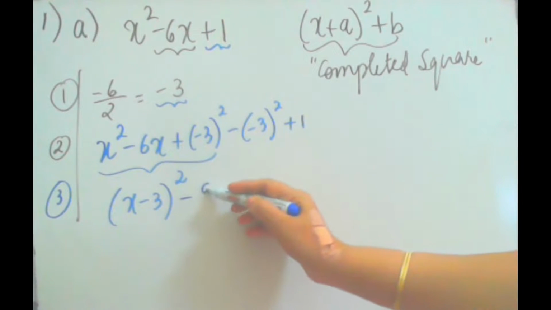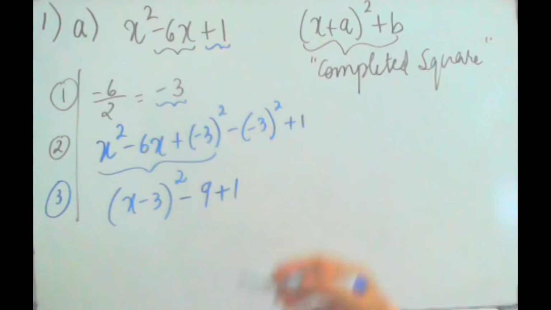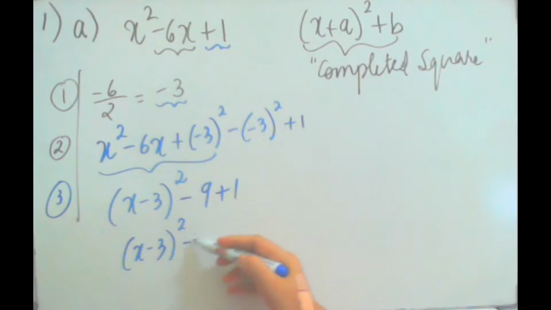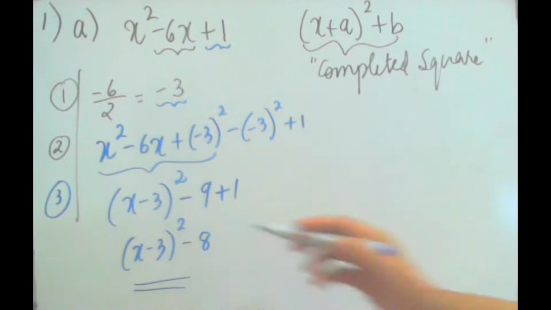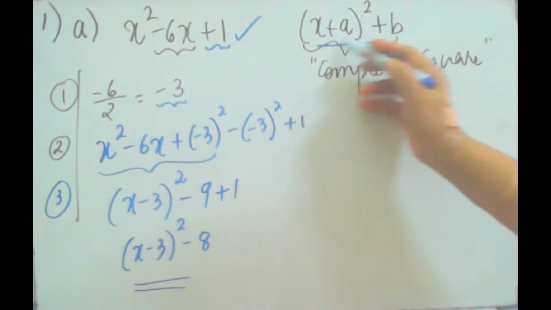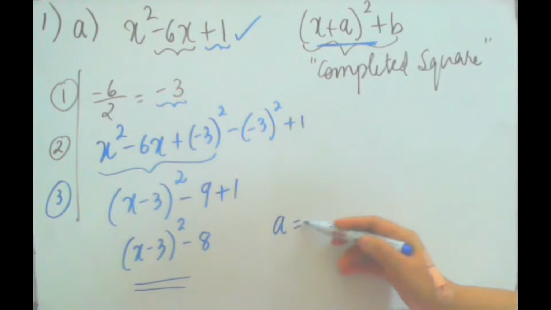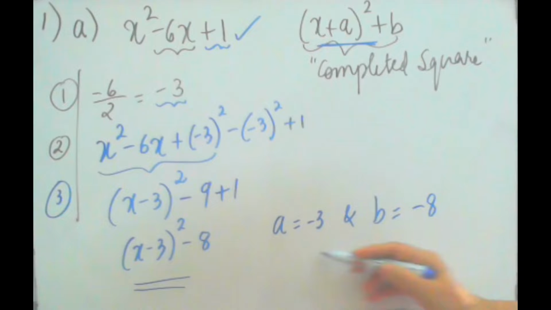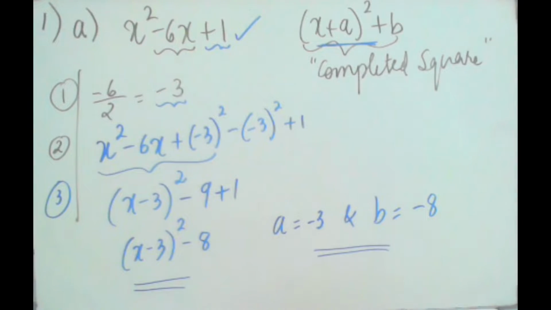So it is −3 whole square, that is +9, and +1. So the last step is (x − 3)² − 8. So this is the completed square form of this expression. Now comparing it with this expression here, we identify a to be −3 and b to be −8. That is the answer for 1A.